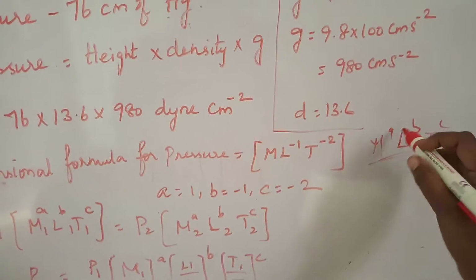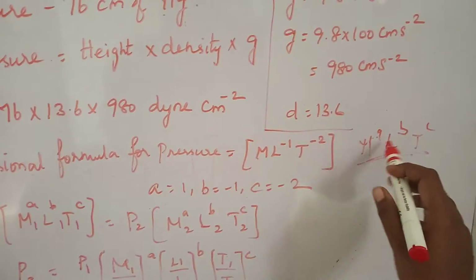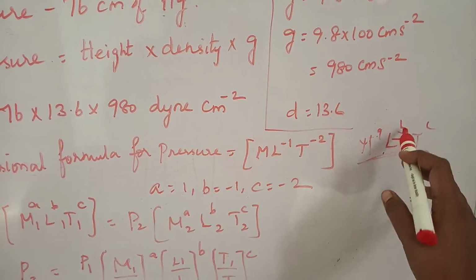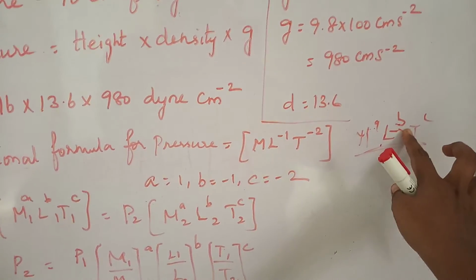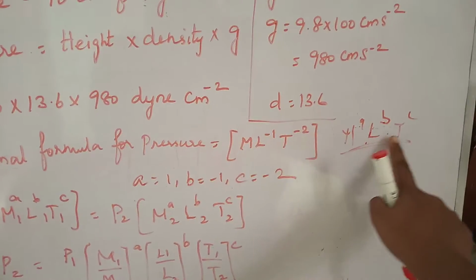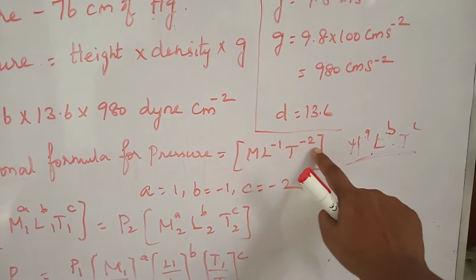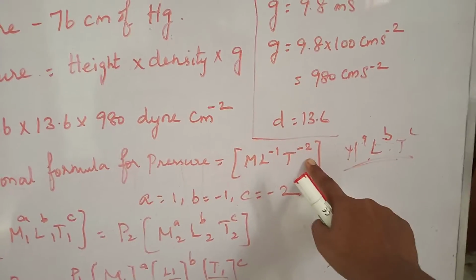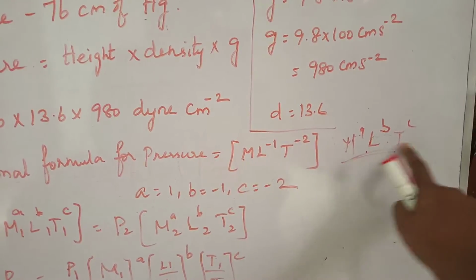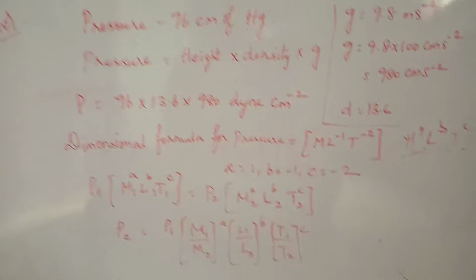So compare the powers. The value of a is 1 here. The value of b, that is the power of L, is minus 1. And the value of c, the number you have as the power of T, is minus 2.